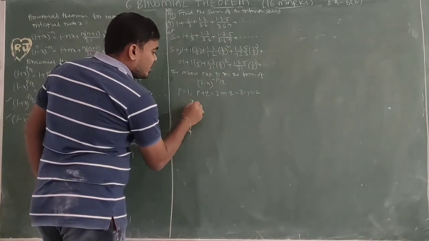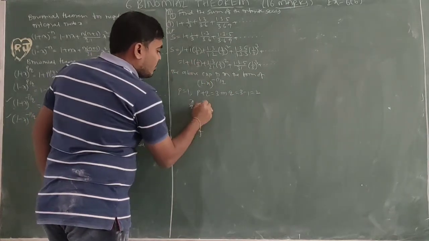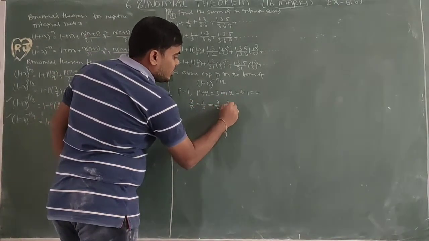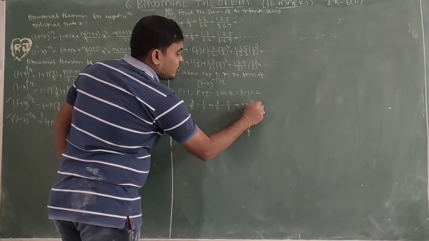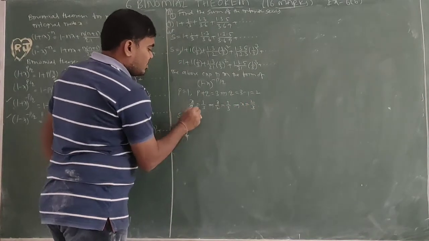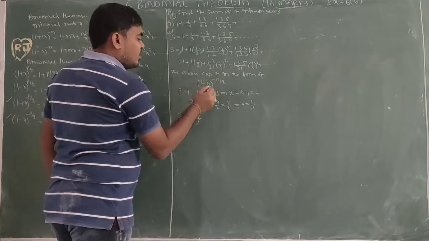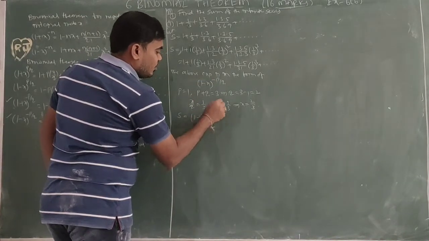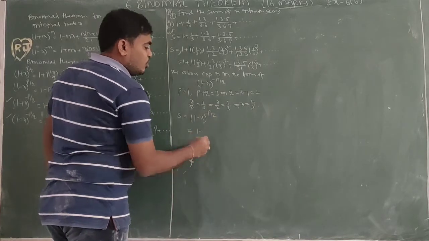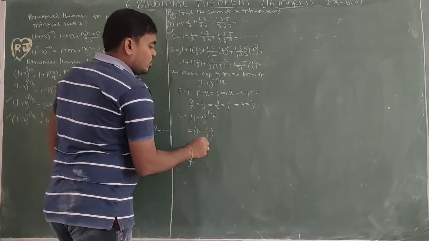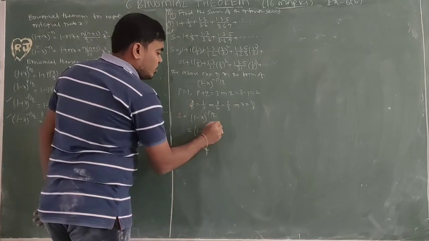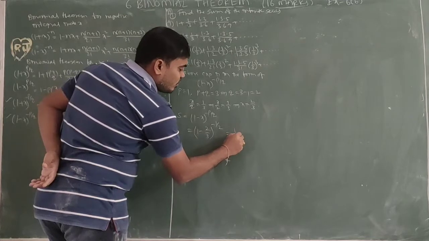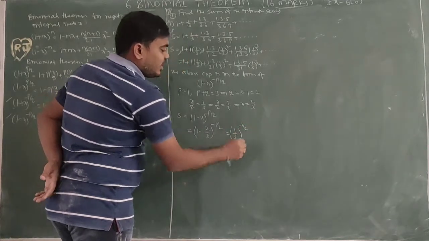Next, x by q equal to what? Within the bracket it is 1 by 3 and q value is 2, so x by 2 equal to 1 by 3, which implies x equal to 2 by 3. Therefore S is equal to (1 minus x) whole power minus p by q, where 1 minus x equal to 1 minus 2 by 3 equal to 1 by 3, whole power minus 1 by 2.